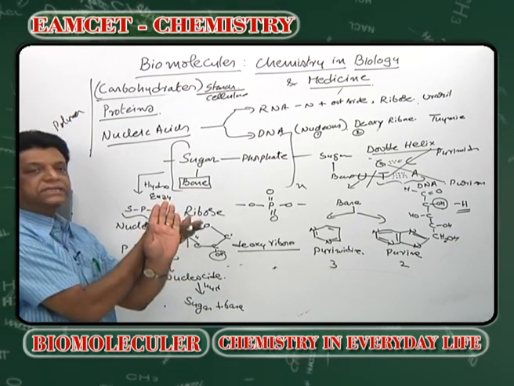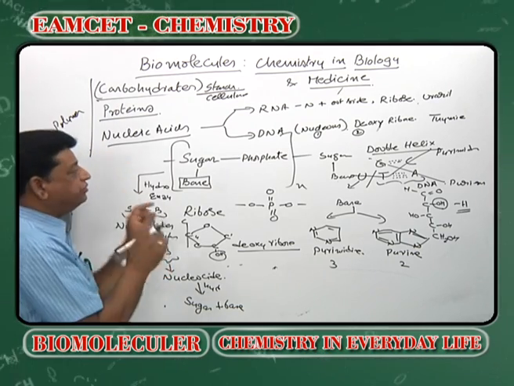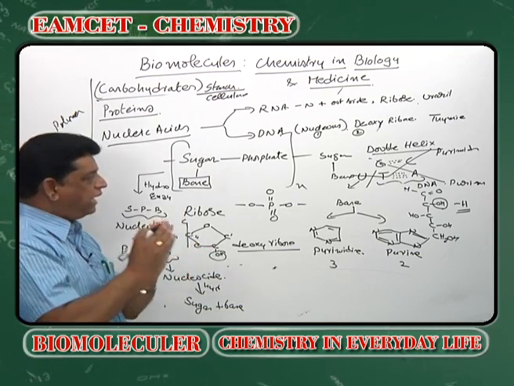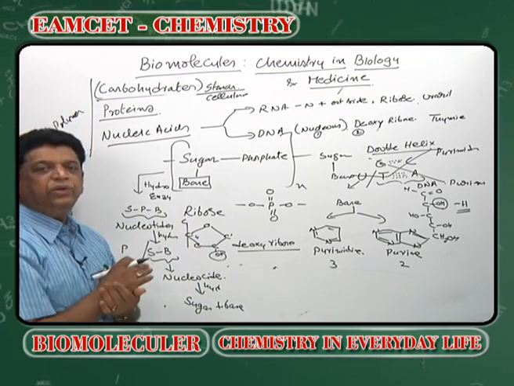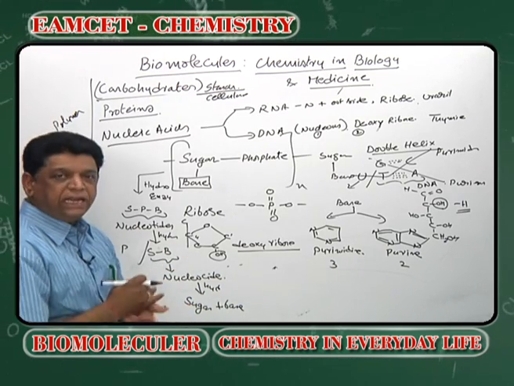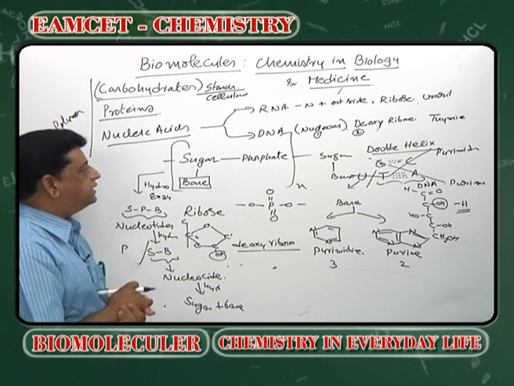Whenever a new cell is to be created, a part of the nucleic acid will be removed, that is called replication, and that will transfer the information to the body for protein synthesis or to have a new cell. That is called transcription.